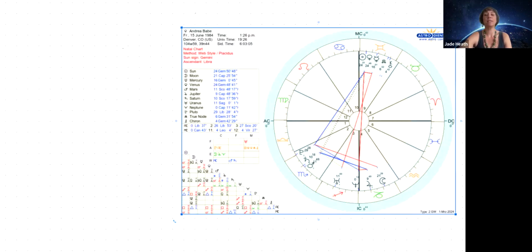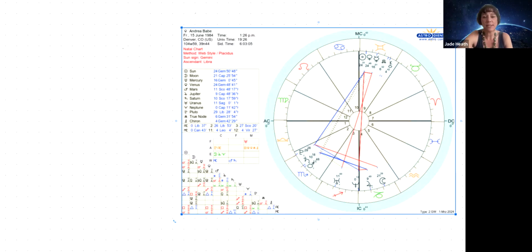So the AC is representing what we're moving towards. And the DC represents where we've been, and also represents an illumination into partnerships and marriage. It's what you are naturally attracted to or naturally bringing into your life in terms of partnership and marriage. So those are really great things to know, and then you can tease out some more of the energy of what's going on there.